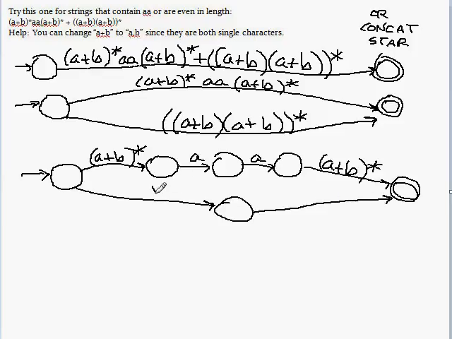We have lambda to it and lambda away from it. And then we make a loop on it, and you write everything except for this star, and we no longer need those outer parentheses.